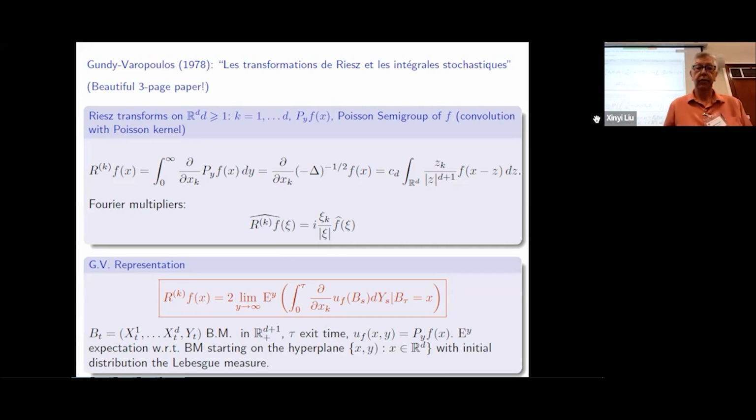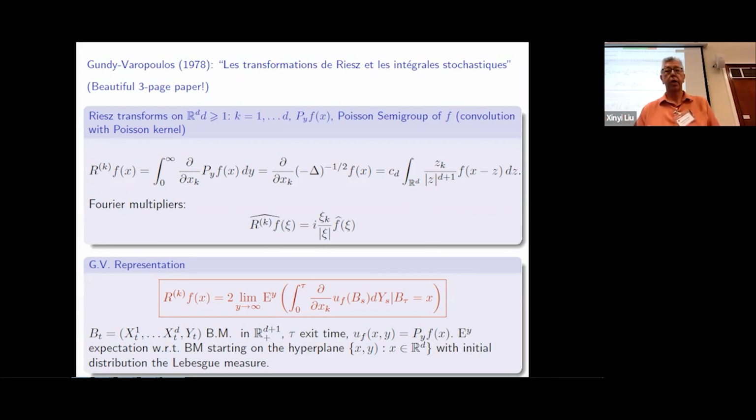Okay, thank you very much. So in 1978, Richard Gundy and Nicolaos Varopoulos wrote a beautiful 3-page paper in which they gave a representation for these operators, which are called the Riesz transforms. Now, the Riesz transforms are the building blocks of singular integrals and can be interpreted without reference to singular integrals. They are just given as derivatives of inverses of the Laplacian, okay?